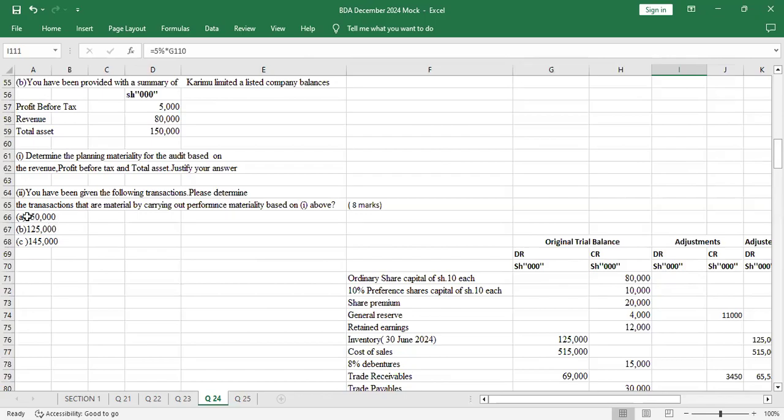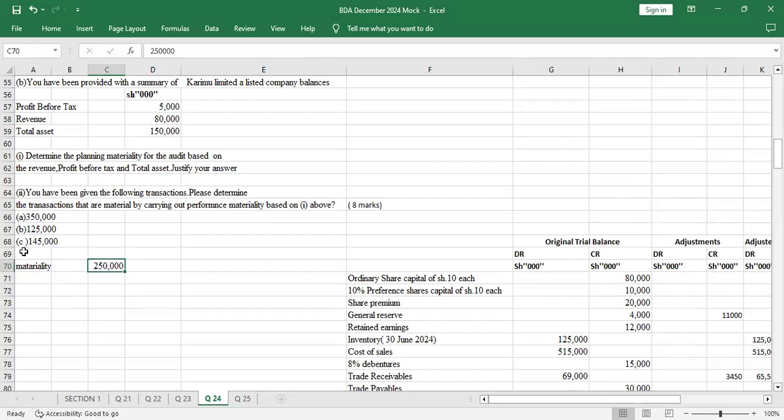So materiality now here is 250. So what is materiality? Anything that is above 250 will be material to an auditor. So any value above 250,000 will be material.